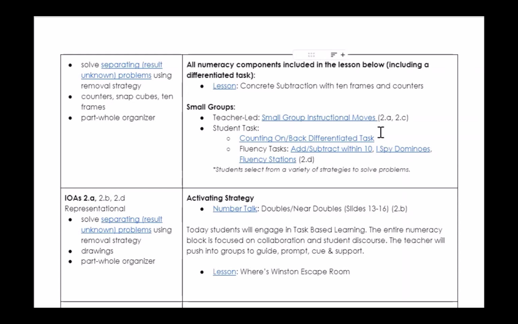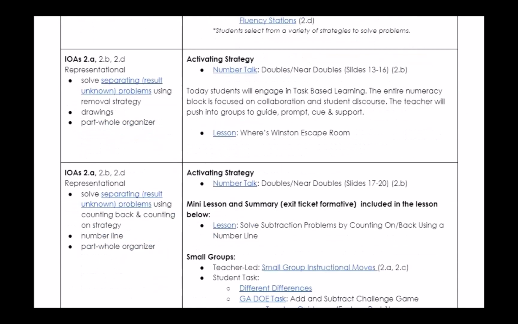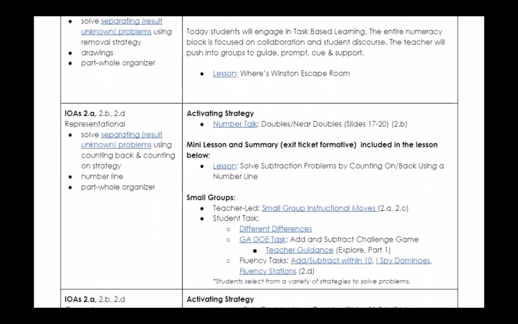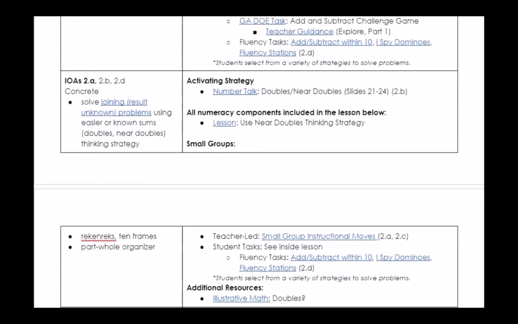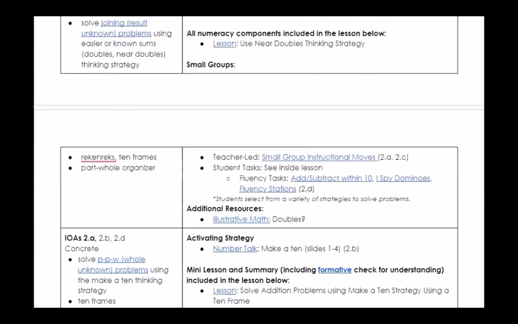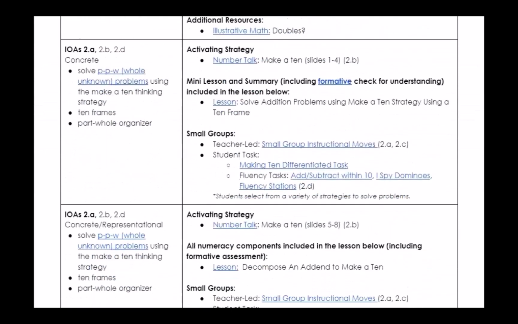So as you're introducing that removal strategy, you can add that to the anchor chart that you already started while you're teaching your mini lesson for students to reference. So we are going to continue to progress through, still seeing those intentional number talks for 2B, going back and forth between concrete and representational until we get down here.